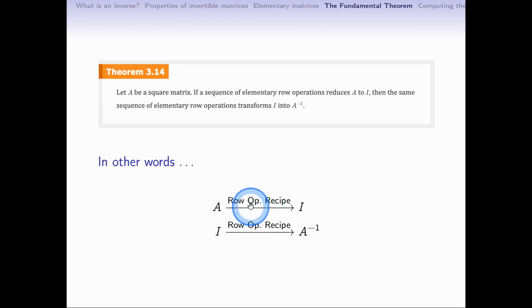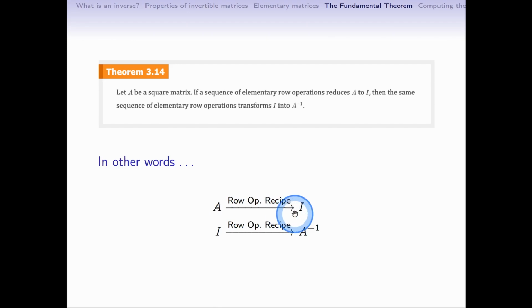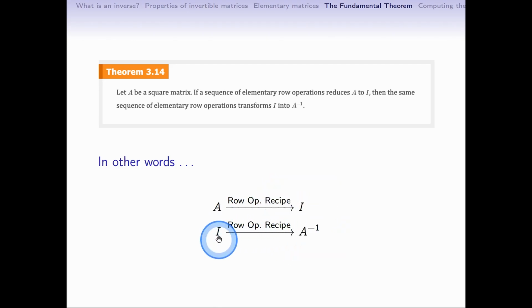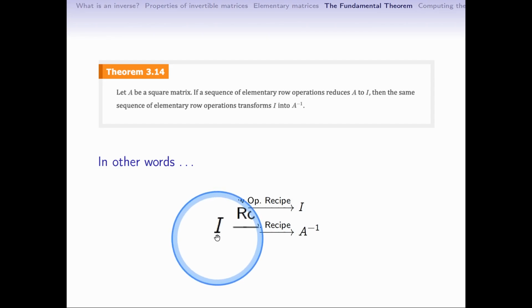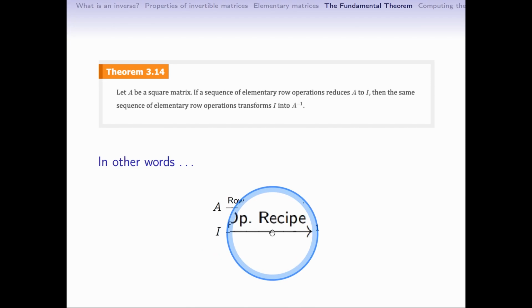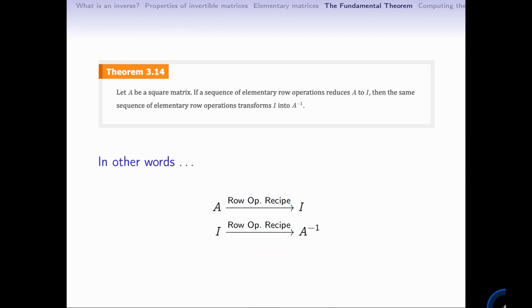Let's think of it as a row operation recipe, and that row operation recipe takes the matrix A down to the identity matrix. What this theorem is asserting is this. It says if I start with the identity matrix instead and perform that same row operation recipe on the identity matrix, I will end up at the inverse of A. All right, let's go take a look at the proof of theorem 3.14 at the document camera.